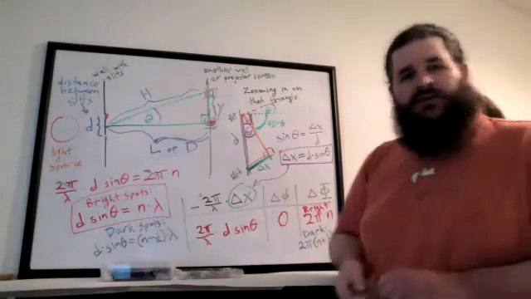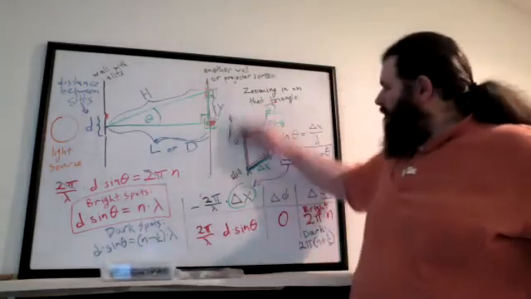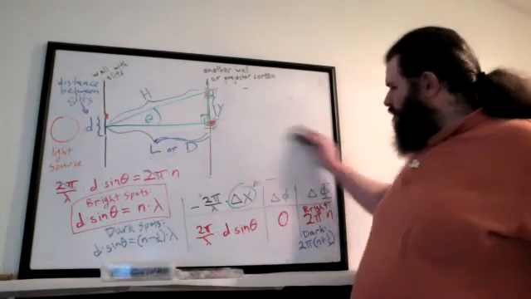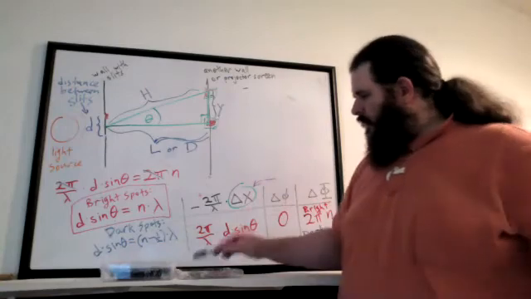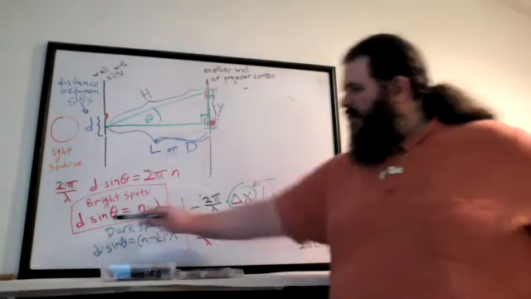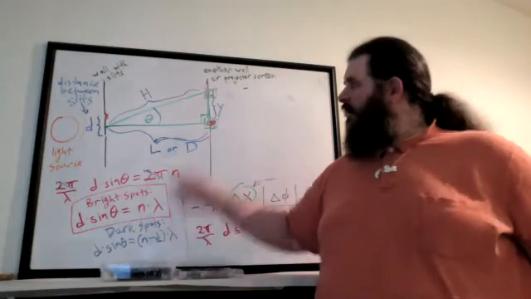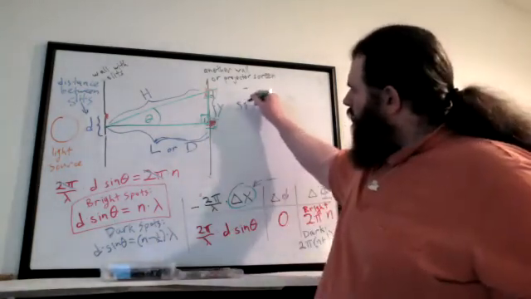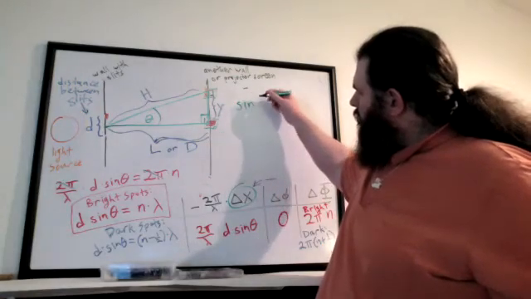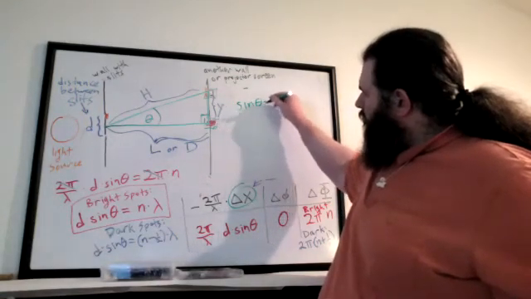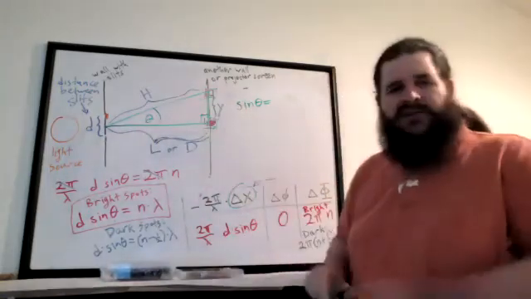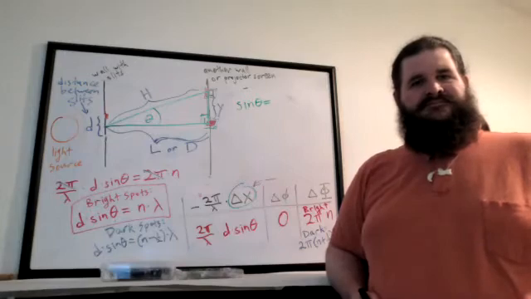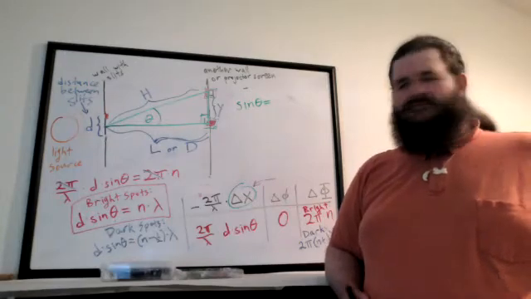We could now use some right triangle trigonometry on this triangle. And since we have a sine theta in our formula here, let's go ahead and find sine theta in this triangle. In this triangle, how would you write out sine theta? Y over hypotenuse?